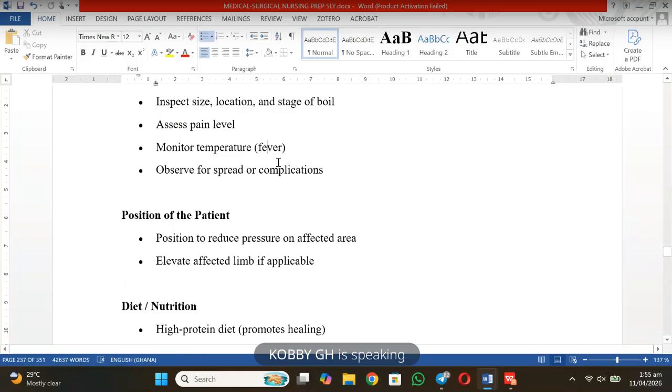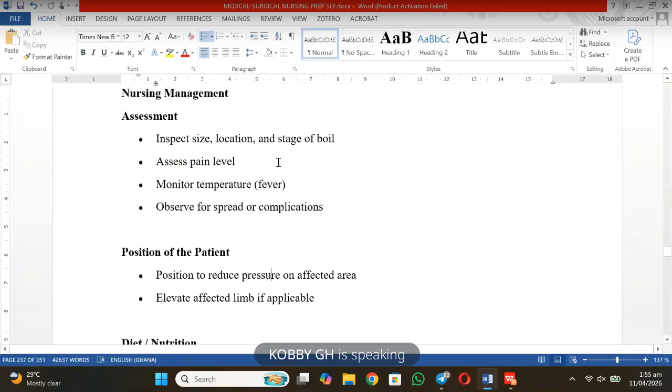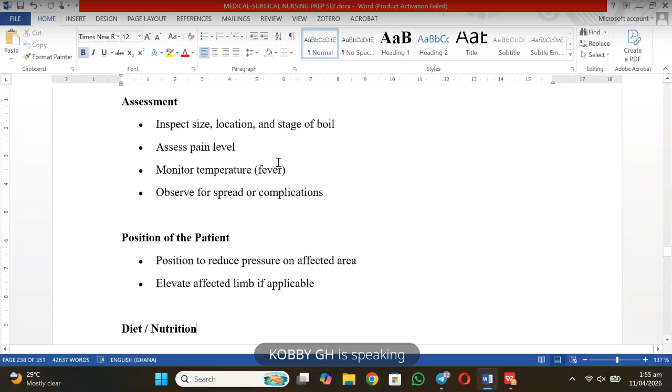So as a nurse, if you are caring for this patient, pay attention to trying to assess the size of the boil or the size of the pharyngeal or the location of the pharyngeal. Is that okay? You have to assess the patient's level of pain and the body temperature, because we mentioned that in very severe cases, the patient is likely to experience fever.